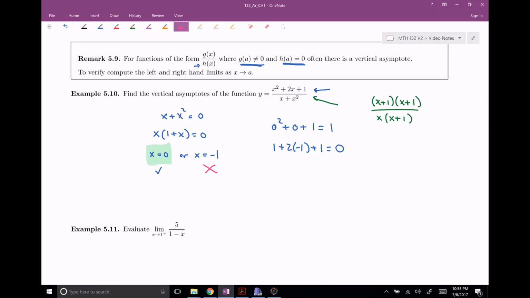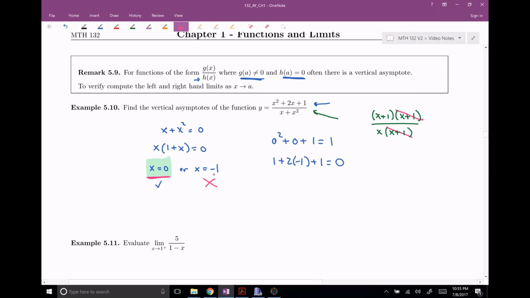Notice that the x plus 1's cancel out, and you only have an x in the denominator remaining. So that corresponds to x equaling 0 being a vertical asymptote, but the x plus 1 factor canceled out with the x plus 1 in the top. That's why x equaling -1 was not a vertical asymptote.